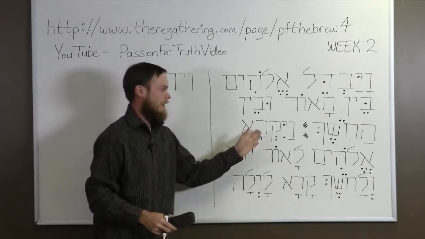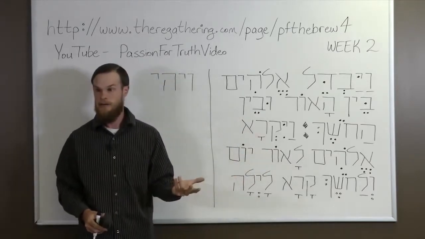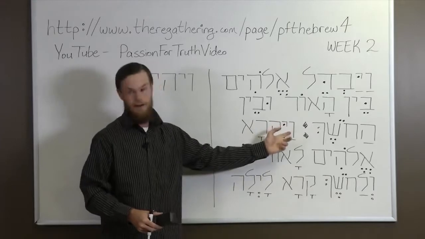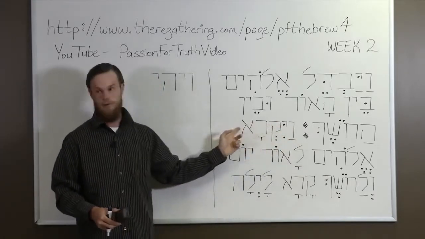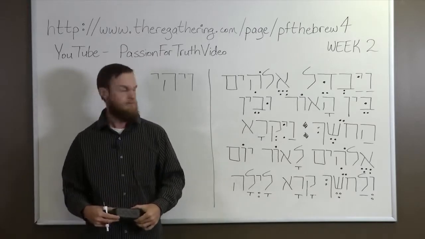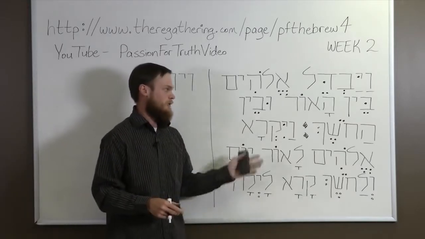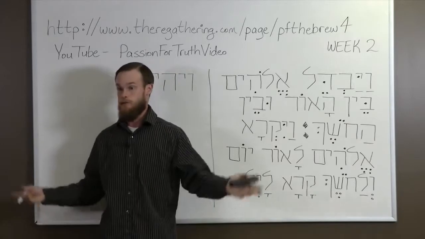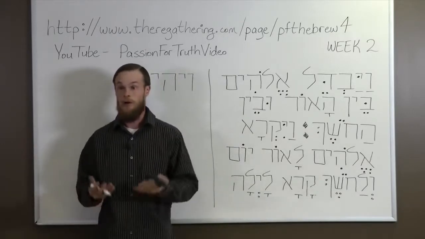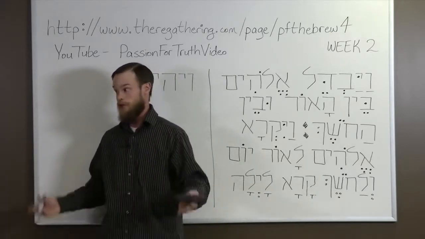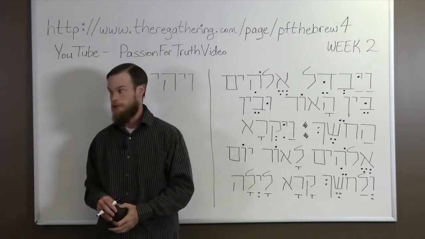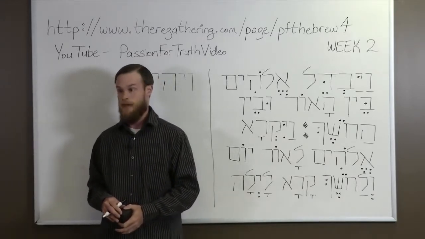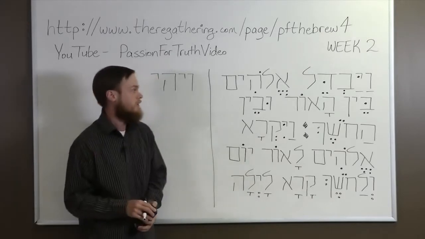Okay, so again, we're starting to notice a pattern here, right? We've got verbs that start with Vav, and then we've also got a Yod, and then we've got our 3-letter prefix. Why all the similarity of verb form? Because there's one subject throughout this entire narrative. Elohim is the subject time and time again. And since Elohim is third person masculine and singular, we're going to keep encountering third person masculine singular verbs that describe his actions.